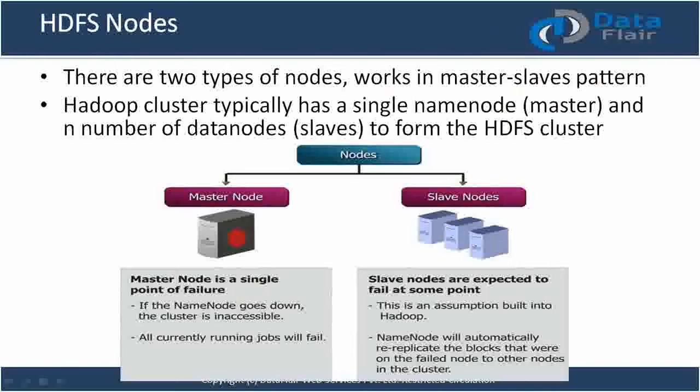What do I mean by single point of failure? Guys, if NameNode goes down, the cluster is inaccessible. The same question I have given to all of you. Why? I am having a 101 node cluster, out of which one master and 100 slaves. The question was, if NameNode goes down, what will happen? One point I have mentioned is that if NameNode goes down, the cluster will be inaccessible. Now question to all of you, why?